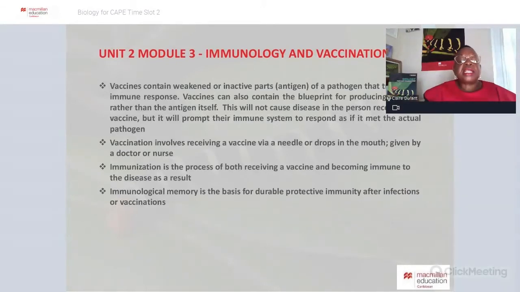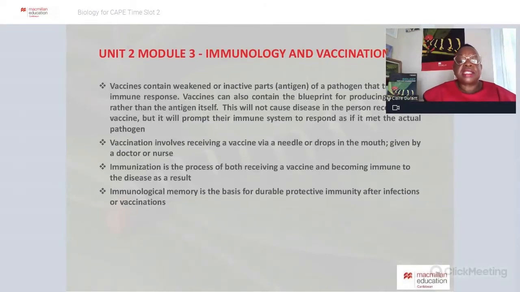Immunization is the process of both receiving a vaccine and becoming immune to the disease as a result. And immunological memory is the basis for durable protective immunity after infections or vaccinations. So with things like tetanus, when you get the vaccination for tetanus, that can last up to 10 years in your body.